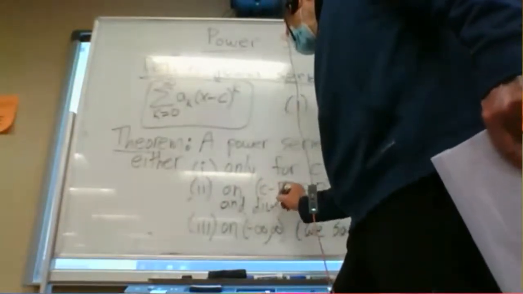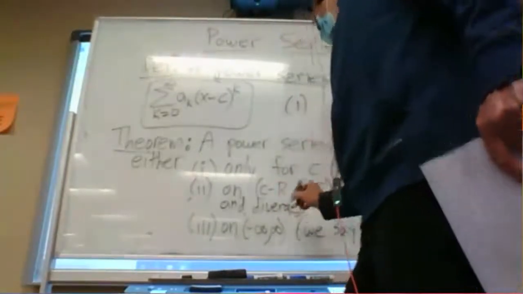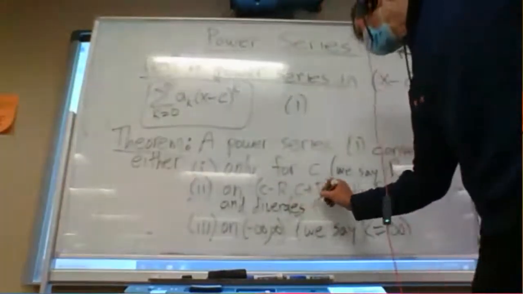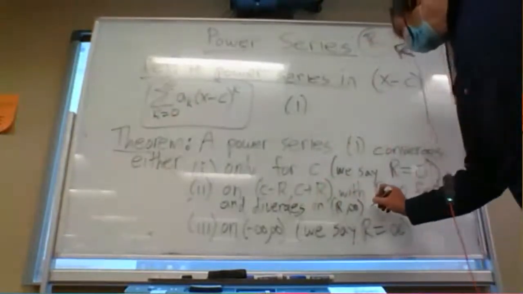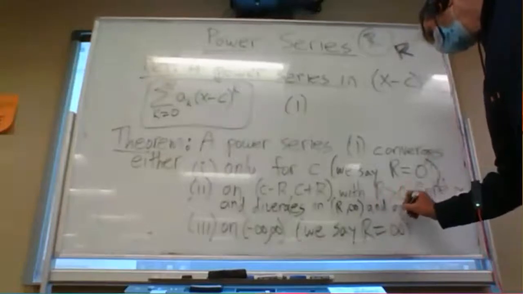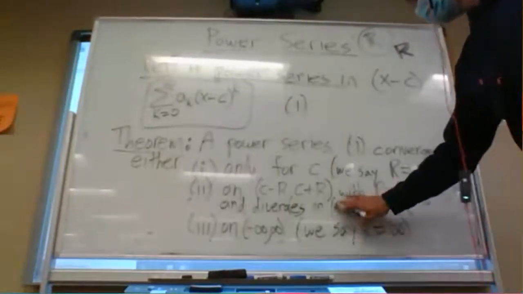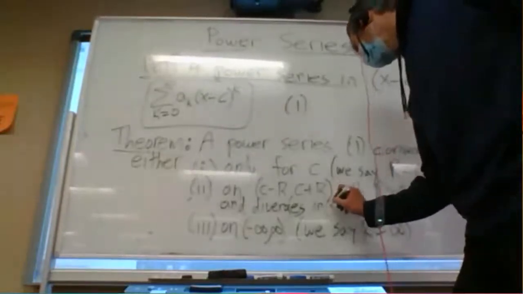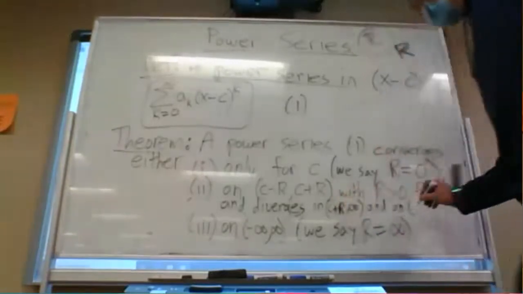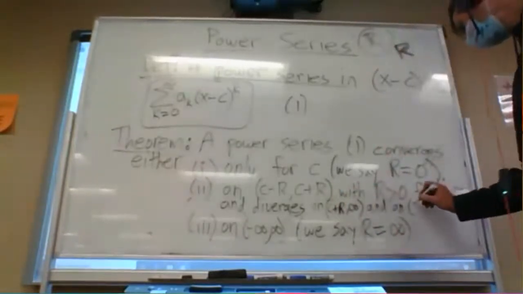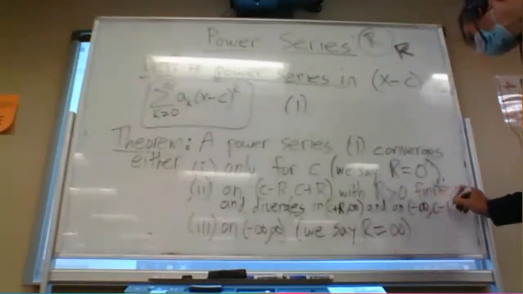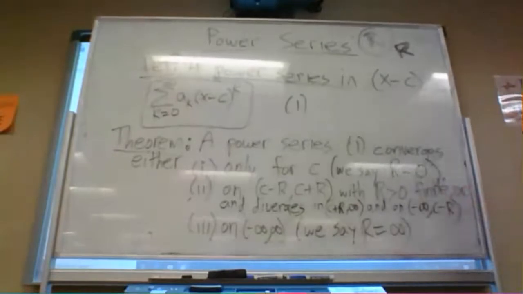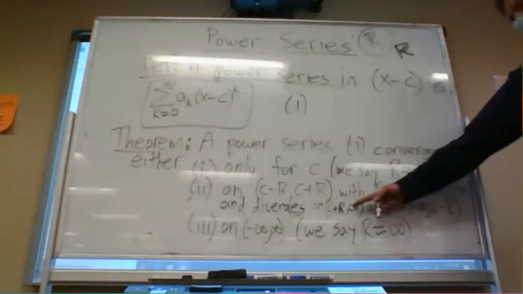And in the second case, it converges on this one and diverges on the interval from r to infinity, and on the interval from, not r to infinity, c plus r to infinity, and on the interval from minus infinity to c minus r. There we go.